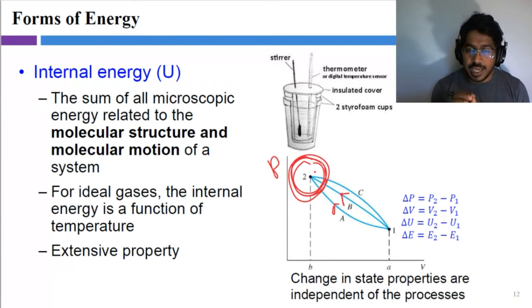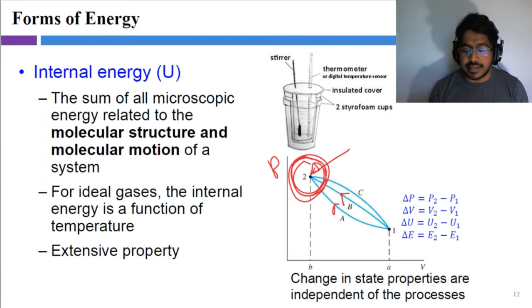So if it is dependent on temperature and pressure, it does not depend on the path. Do I make sense? Once we arrive at state 2, the specific energy does not depend on the path.